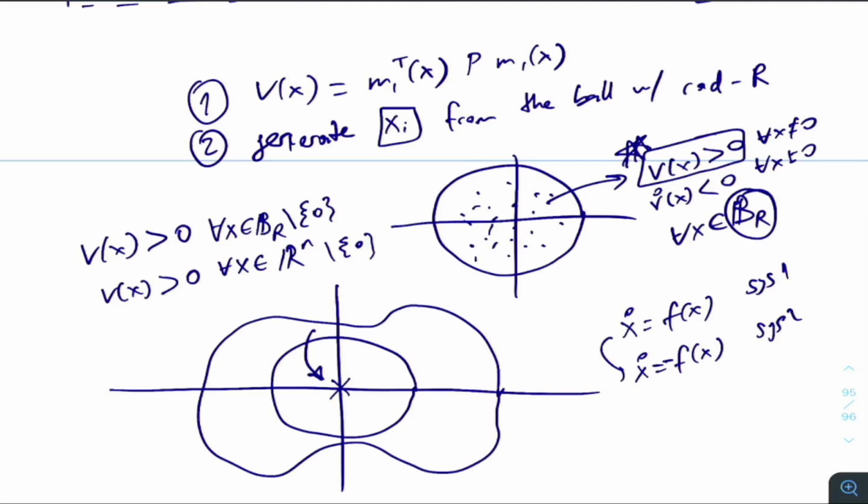For example, this is B sub R, the ball. And here again you are just going to employ the same strategy of Lyapunov function construction using LP.